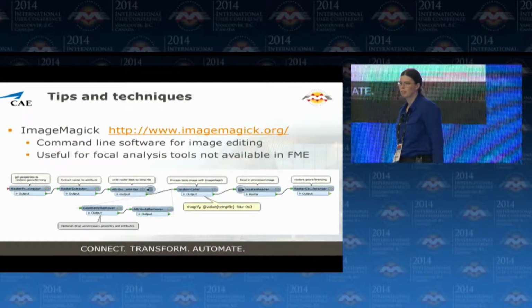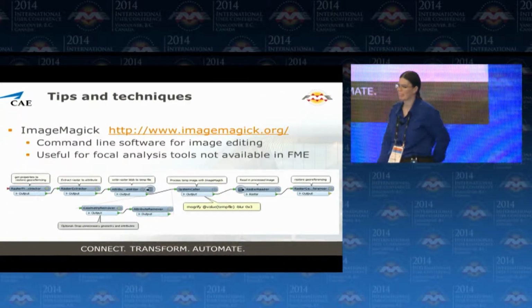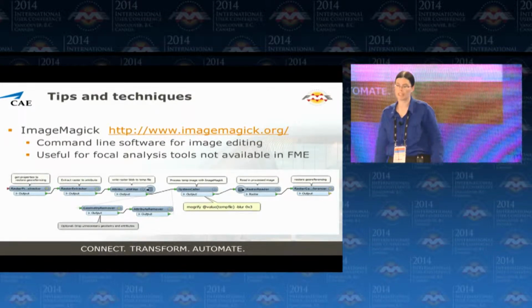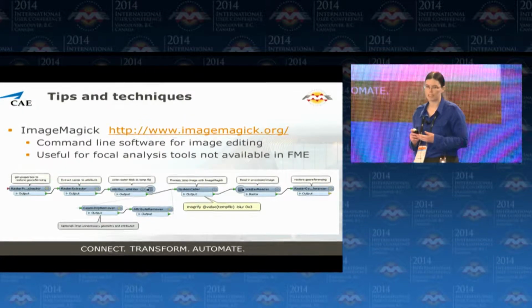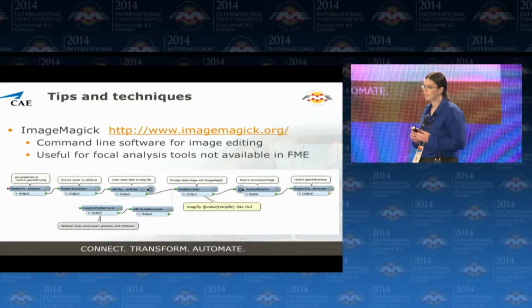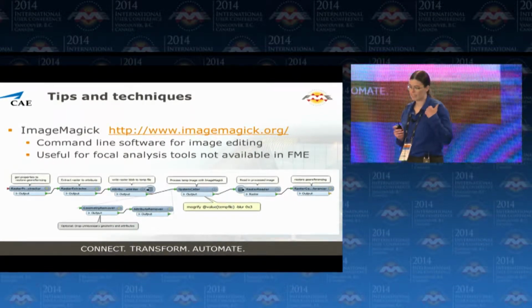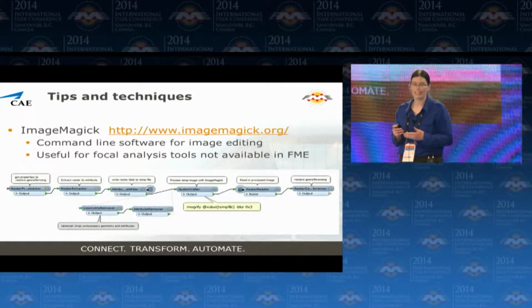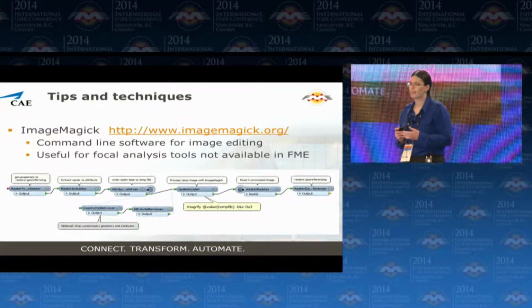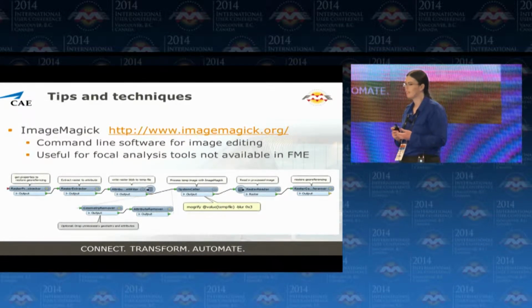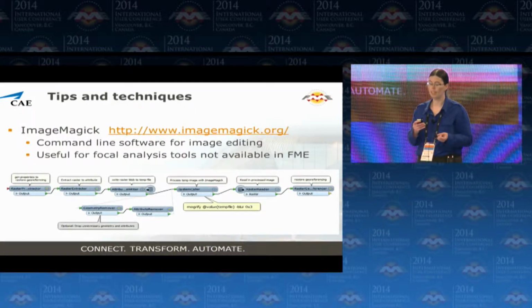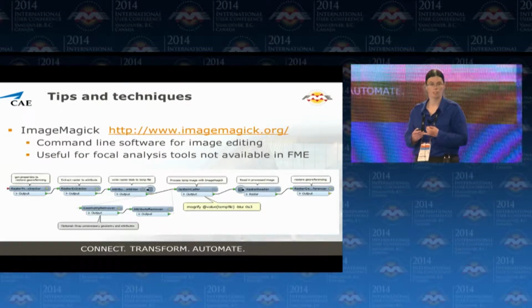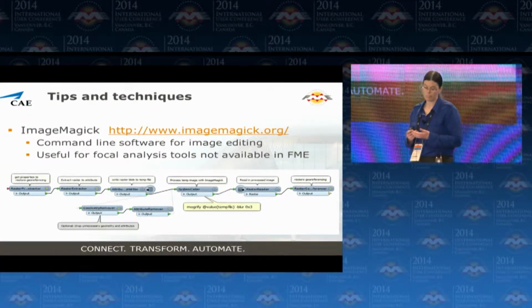There are 2 tips that I'm allowed to share with you that really helped us when we were working on this. One is ImageMagick. ImageMagick is a free command line tool for image processing. You can get it at the website that's on the screen. It's very useful for doing focal analysis for tools that are not available in FME, things like the majority filter, focal mean, Gaussian blurs, edge detection.